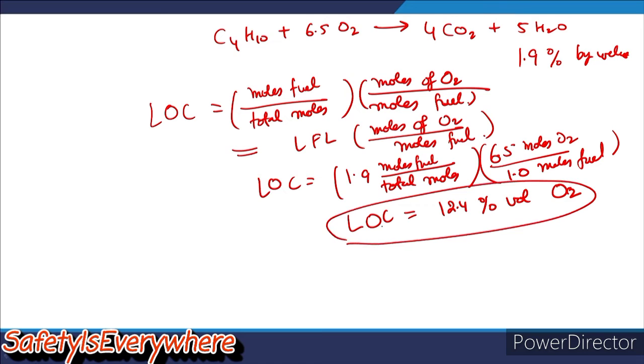So, you can prevent the combustion of butane by adding nitrogen, carbon dioxide or any inert gas, or even sometimes water vapor, to keep the oxygen concentration below 12.4%.